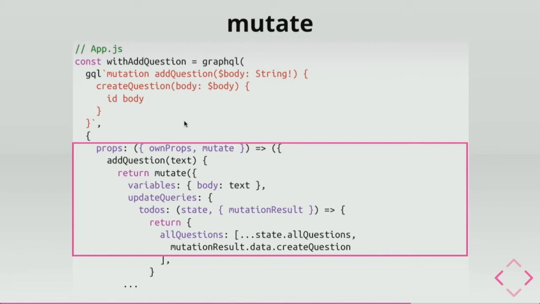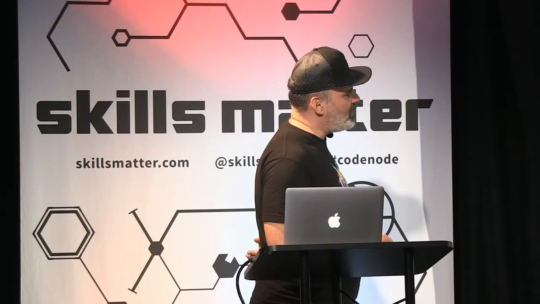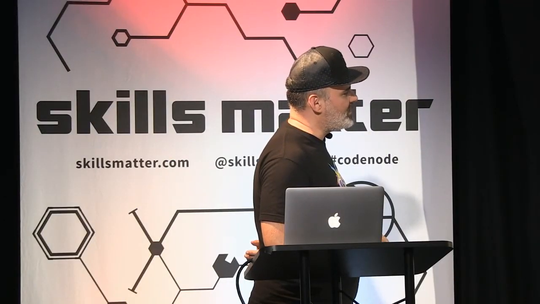And then on the updateQueries, I'm going to change the state of the Redux store by using the same entry. As you all probably know, we need to keep a new reference for the new state. So I'm just creating a new array containing all of the questions plus the one that was just created.